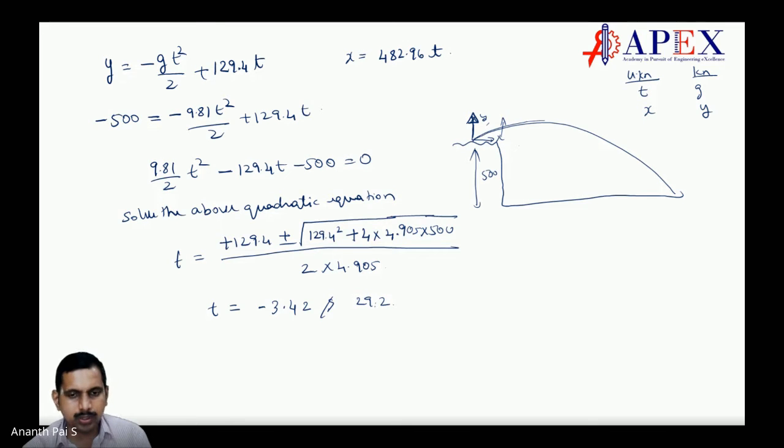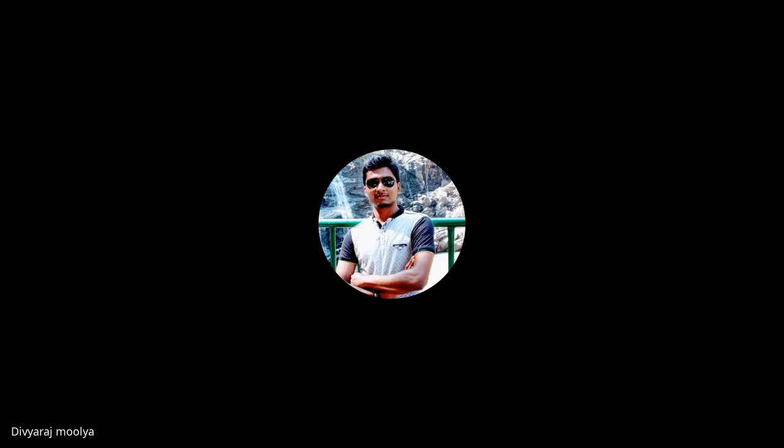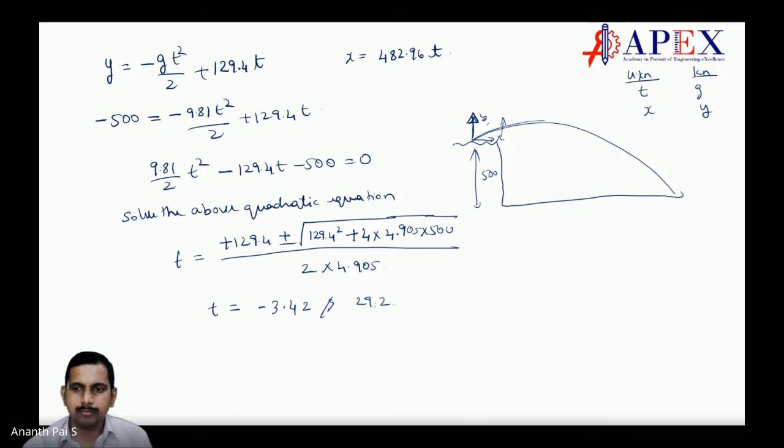Diviraj, what is the doubt here? Sir, here you took y is equal to minus 500 to get the time, right? At the endpoint, y is equal to minus 500. So at the endpoint, the y velocity will be 0, no? So I took that consideration. No, it won't be.